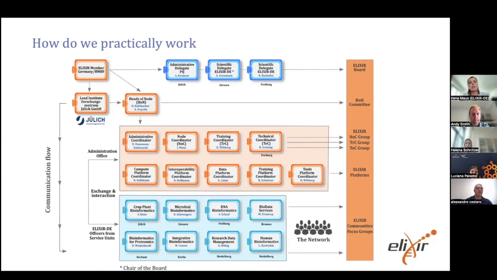The node also has the administration office responsible for node management and work in ELIXIR groups like the node coordinators, training coordinators, technical coordinators group, and ELIXIR platform. Lastly, we also have experts in our service units, so-called team ELIXIR officers, responsible for good communication to our members in the network, and responsible for active engagement in ELIXIR.